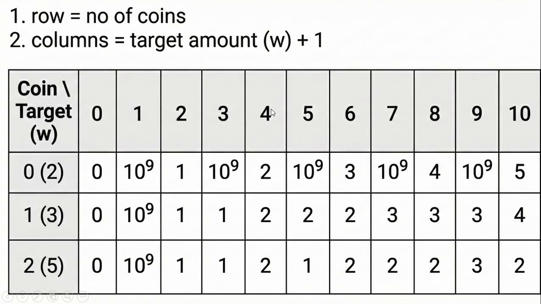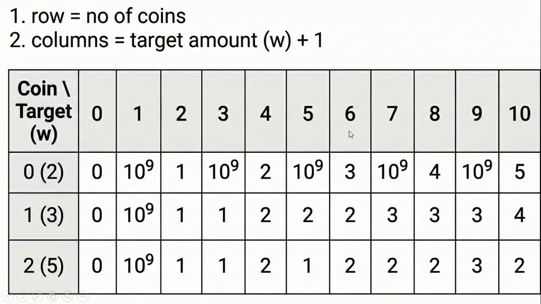Now can I give him 4 rupees? Yes, I can easily give him 4 rupees using my 2 rupee coin. And how many coins do I have to give him to make 4? I have to give him 2 coins of 2 rupees. Can I give him 5 rupees using 2 rupee coins? No, I cannot, so I use again 10 power 9. Can I give him 6 rupees?